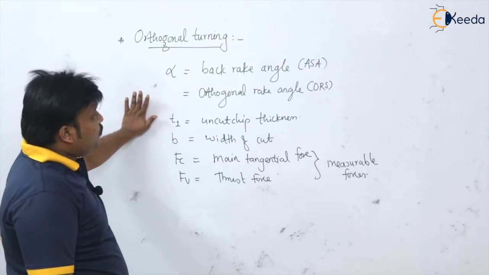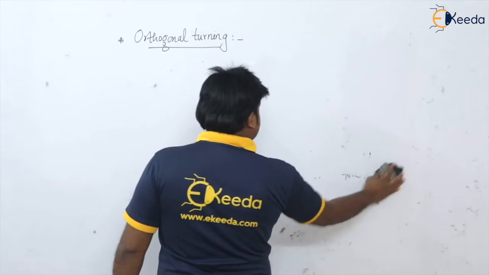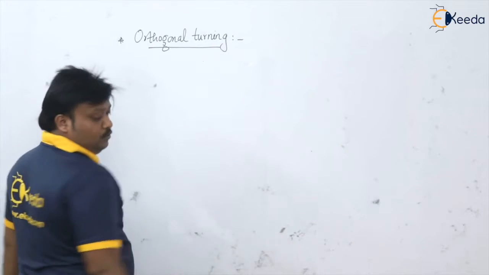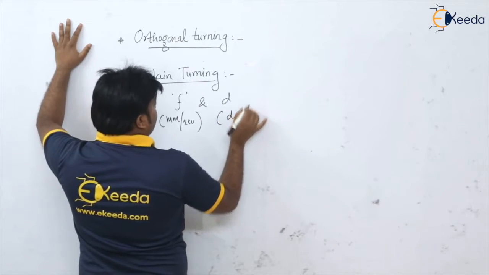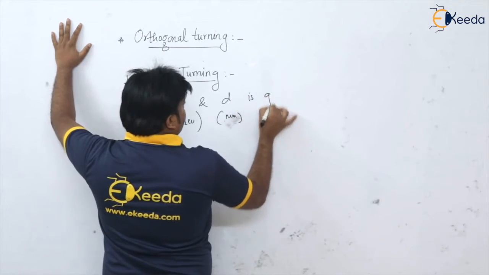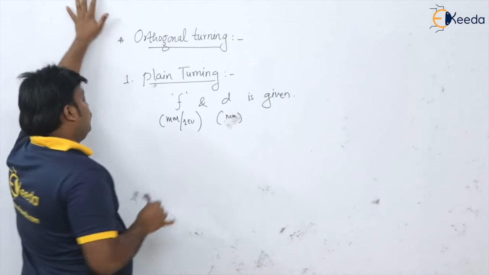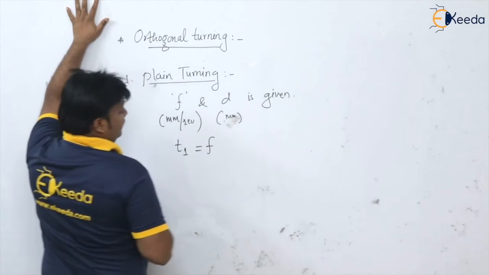Okay, so now see, I will take the case directly. The question is, say, D is the depth of cut in millimeter is given. Your uncut chip thickness T1 will be F, isn't it?